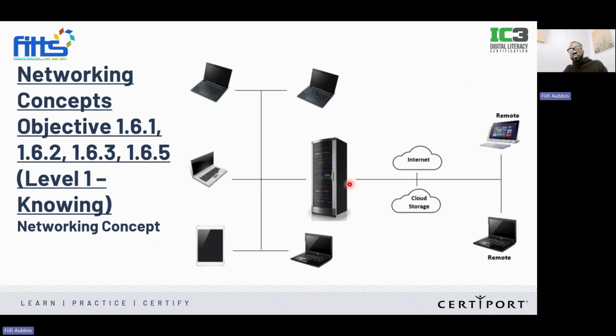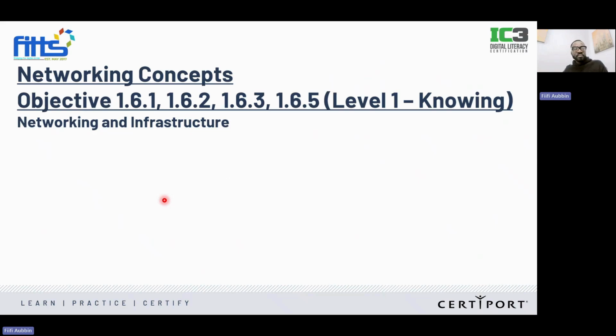Then if you want to go to the internet, you get to that through your internet service provider. You've got cloud storage, you can access a remote computer and all of that. This is just the basics of our level one, so just bear that in mind. We'll get into the details as we advance to level 2, then level 3.